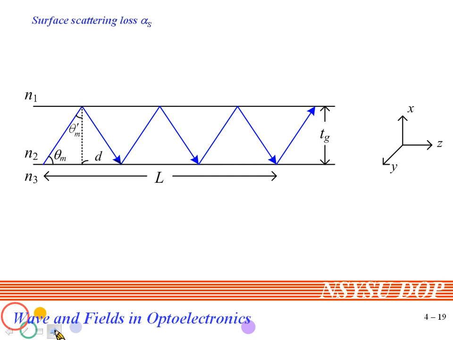The other kind of scattering loss is surface scattering loss, which is caused by surface roughness.